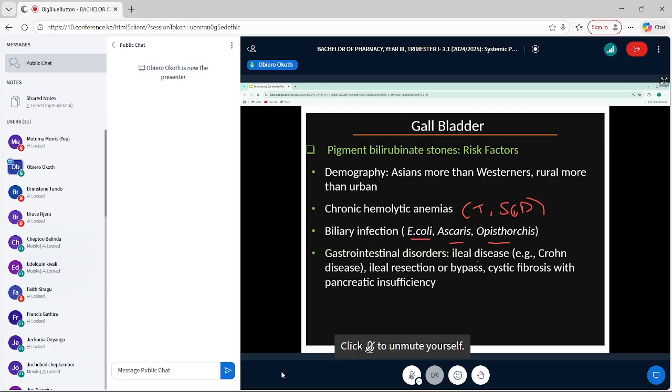So these are the risk factors for pigment stones. Nothing about the female, nothing about the weight, and nothing about being fair. You're just having a condition where you have an increased bilirubin, or you have an infection causing removal of the glucuronide from the bilirubin.